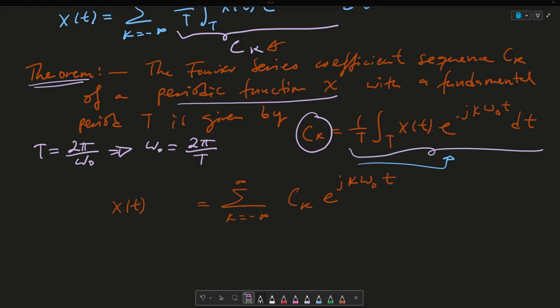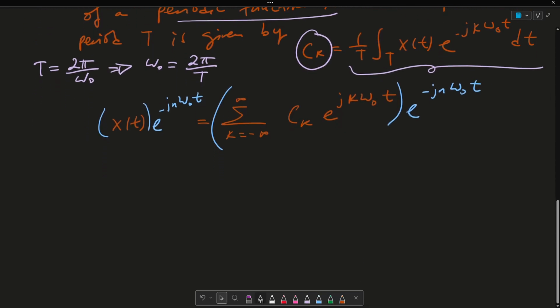So to begin, I'm going to multiply both sides by e to the negative j n omega naught t.